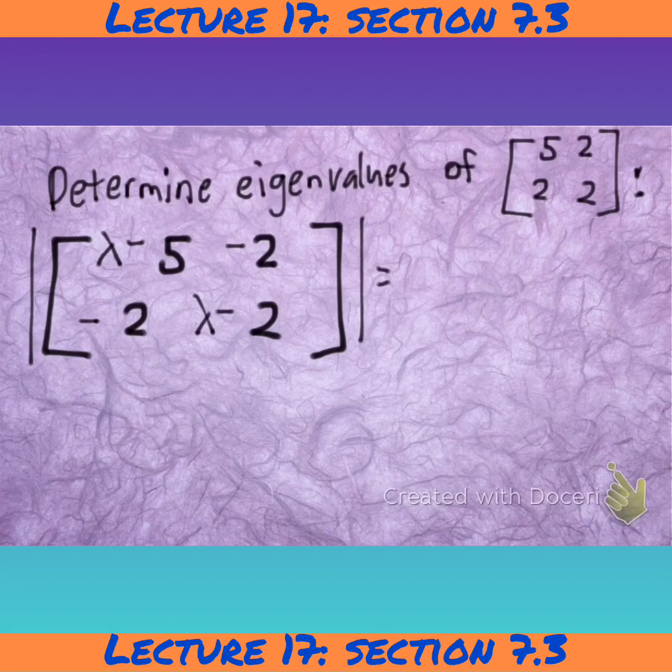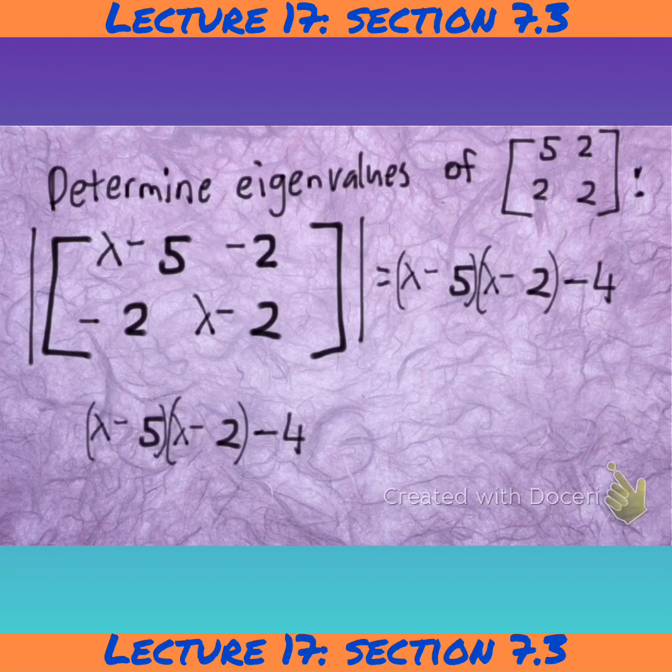So it's going to be lambda multiplied by this, and then minus 4. And what you're going to do then is take this and set that equal to 0.